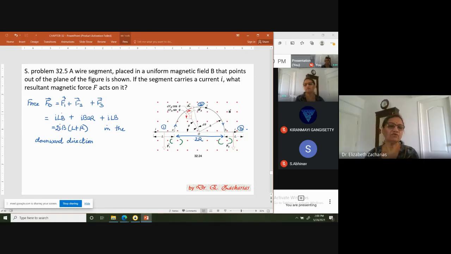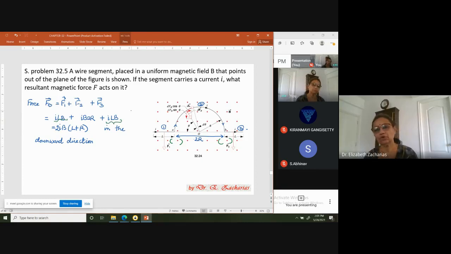Let's say that the net magnetic force is F1 plus F2 plus F3. F1 is on the first bit, F2 is on the second, which is a semicircle, and F3 is again on the straight linear portion. For the first and the third bit, you can straight away see that the current is perpendicular to the magnetic field, so the force is ILB.